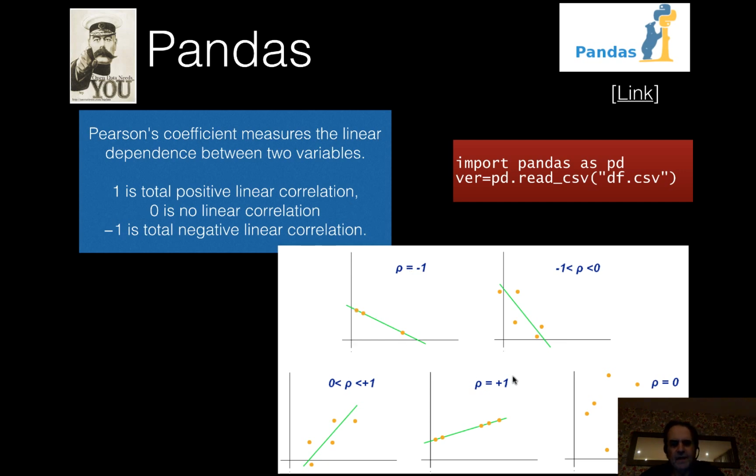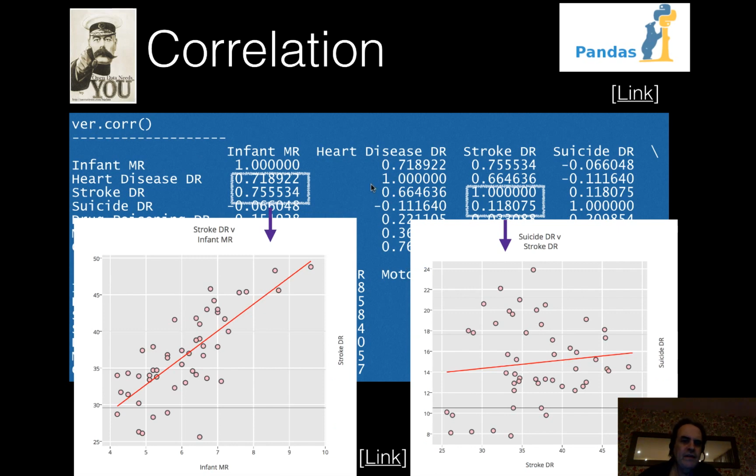That's a -1 and a +1 correlation. We normally get somewhere in between, where we fit a linear relationship between the two, either a negative slope or a positive slope. If we have a value of 0, then it's a completely random data set, and we can't really fit a linear equation to it.